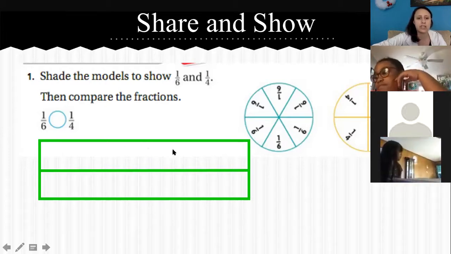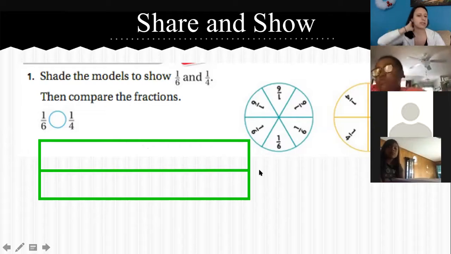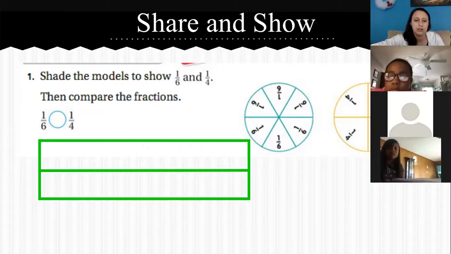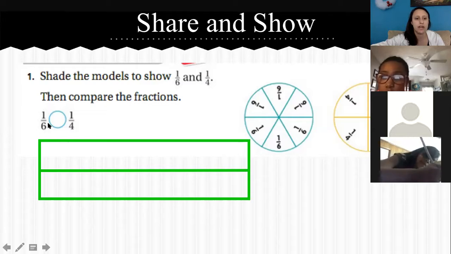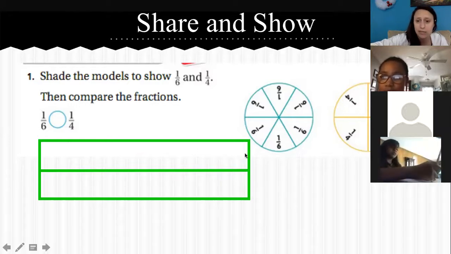My first fraction on top right here, how many pieces am I going to divide it equally into? Look at your first fraction. How many pieces? 1 out of 6. Well, I'm just looking at to partition it. How many pieces am I going to partition it into? 6. 6 pieces.